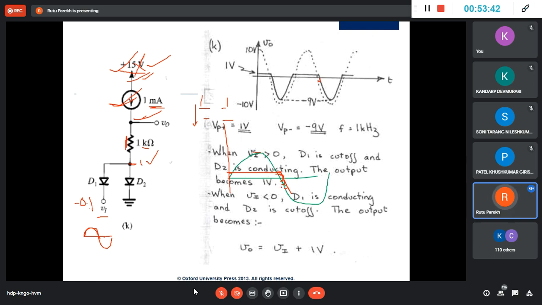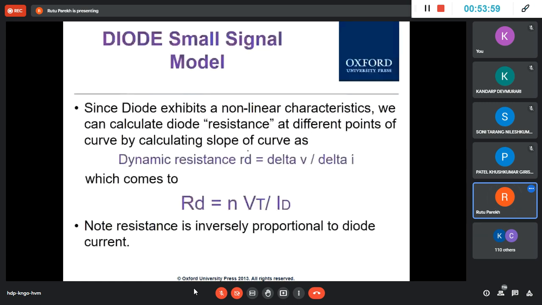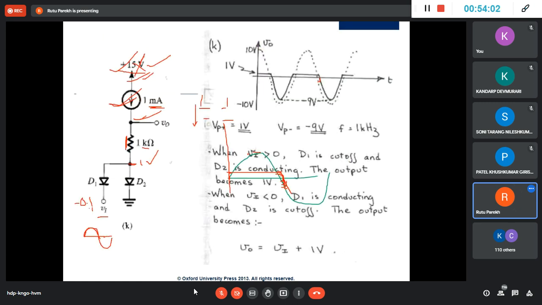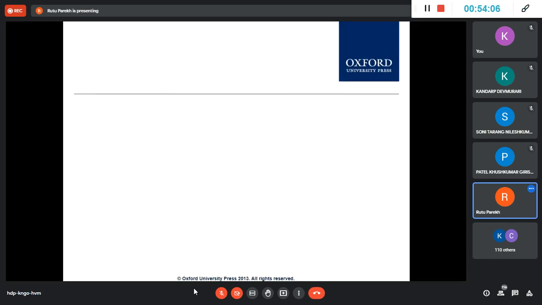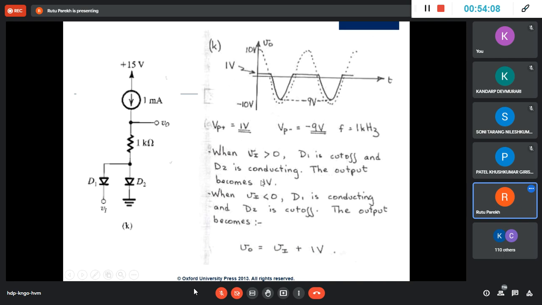Suppose here is minus 1; from here you draw a straight line so that this will be 0. So it is following this way. But if you are asked the peak, then your peak is minus 9 volt. This is a little tricky, but if you understand, nothing.